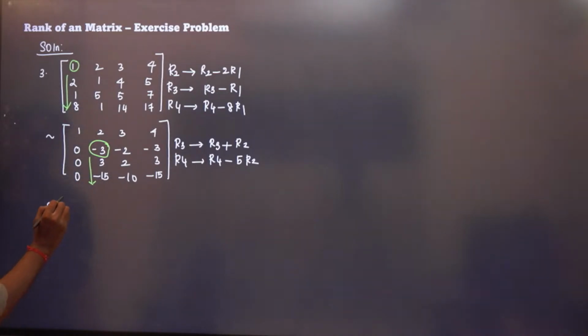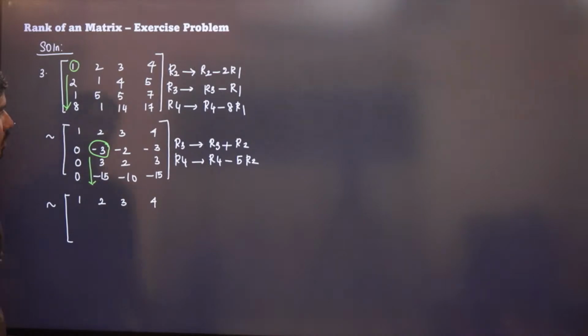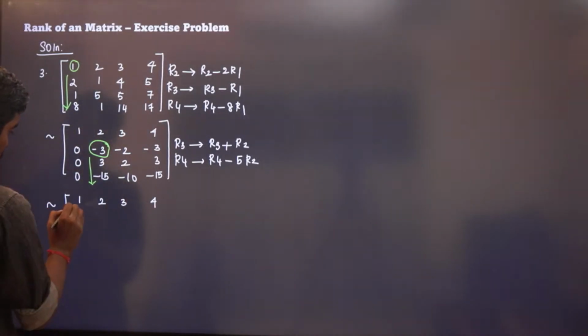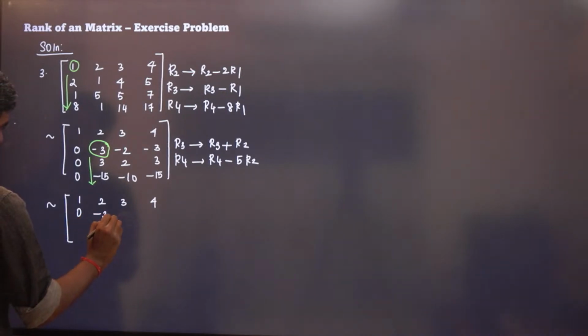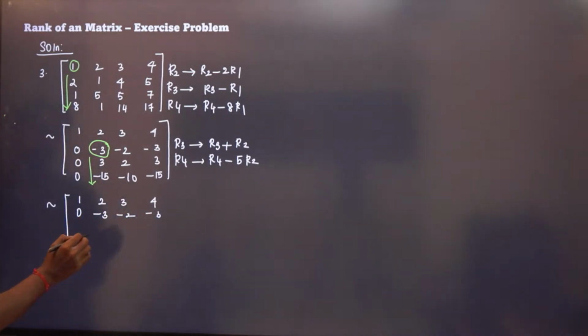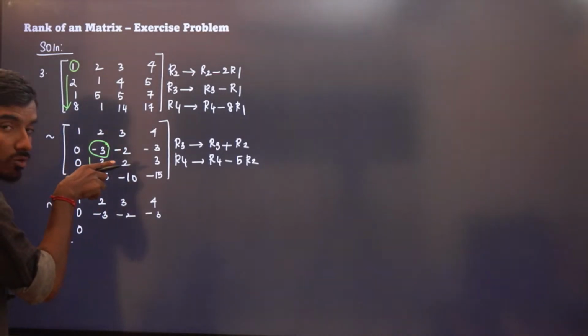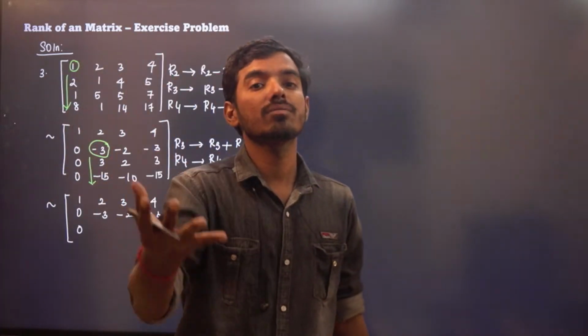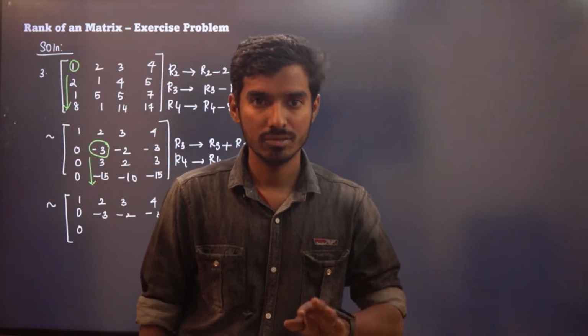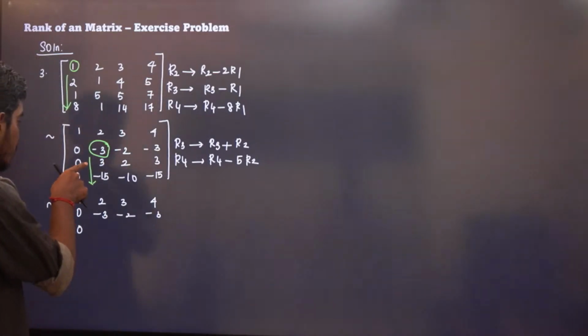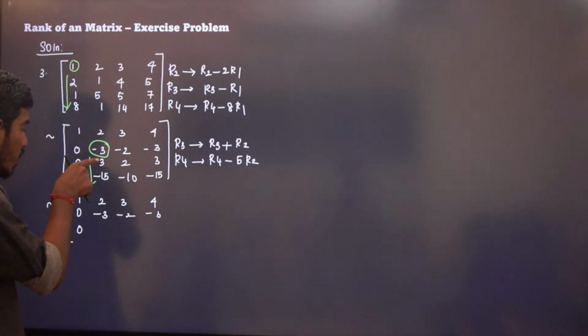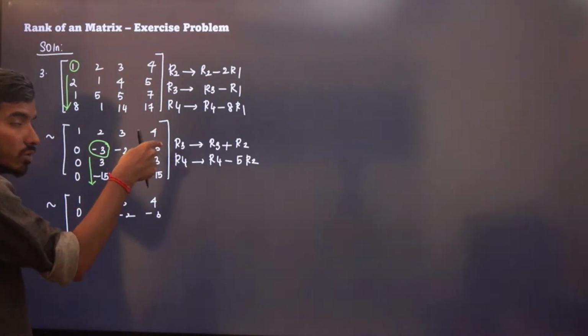So the matrix is now reduced to 1, 2, 3, 4. Then 0, minus 3, minus 2, minus 3. Yes, so this is 0, R3 plus R2. See, I am making this 0. In that process, the other also turns out to be 0. Right? My process is making this 0. So I'm adding these two. In that process, this also turns out to be 0.